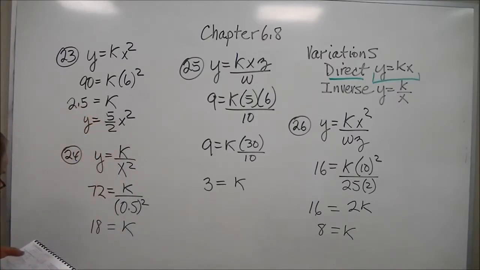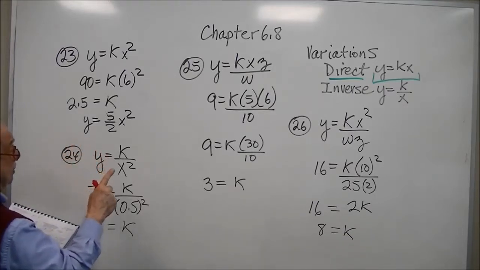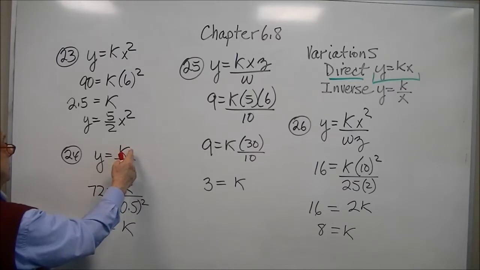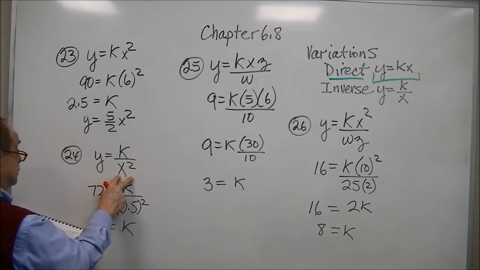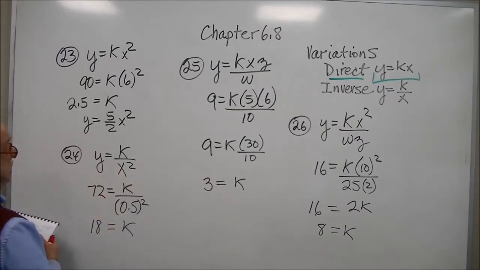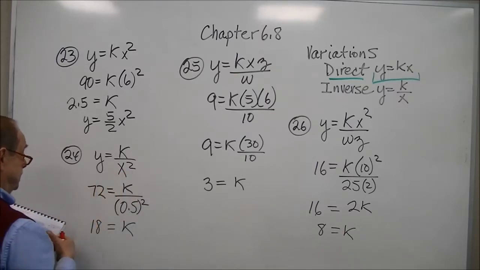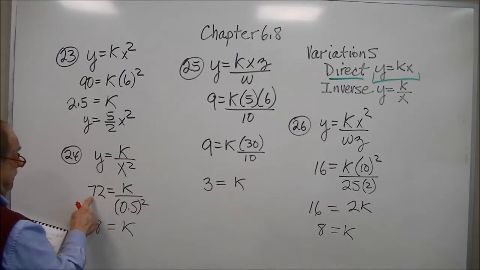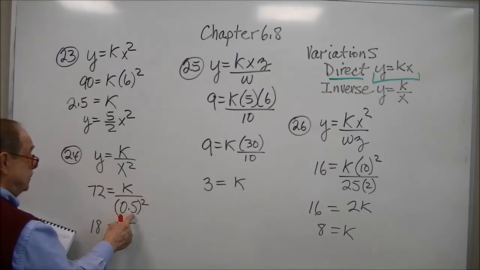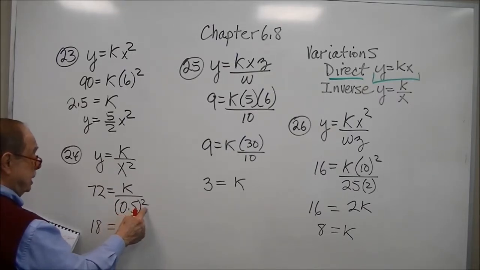Number 24. X varies inversely. So inversely is going to be k on the numerator spot, and then it says the square of x. So inversely to the square of x, in the denominator, x is squared. And they're saying that we have 72 for y, and x is 0.5. Now remember, you have to take that 0.5 and square it.